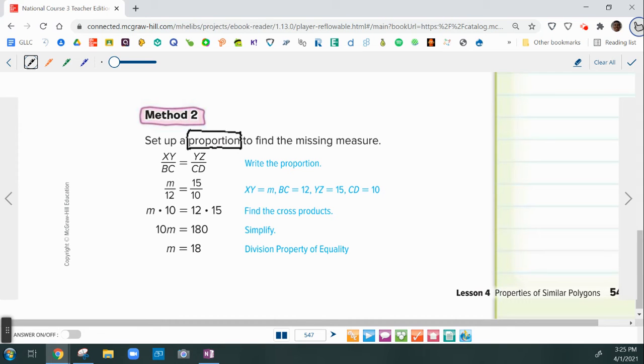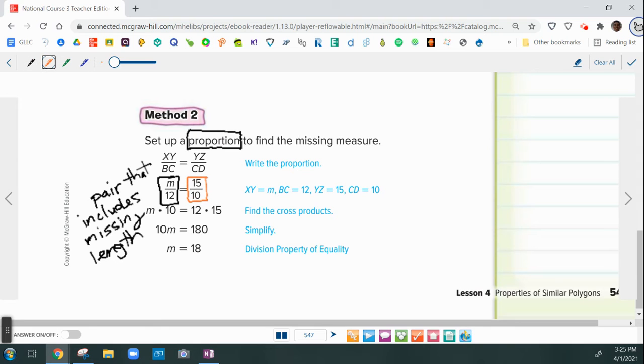One of the pieces has to be the pair that includes the missing side length, right? And the other one, this one over here, can be any other pair.